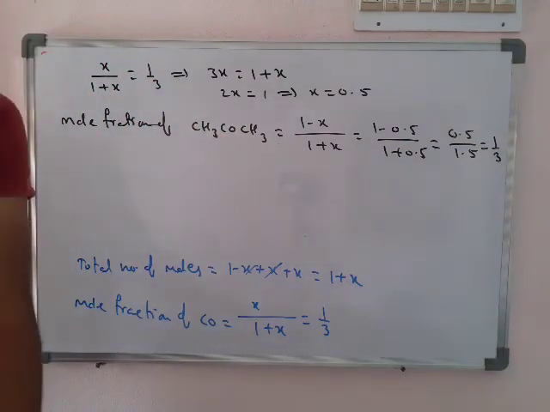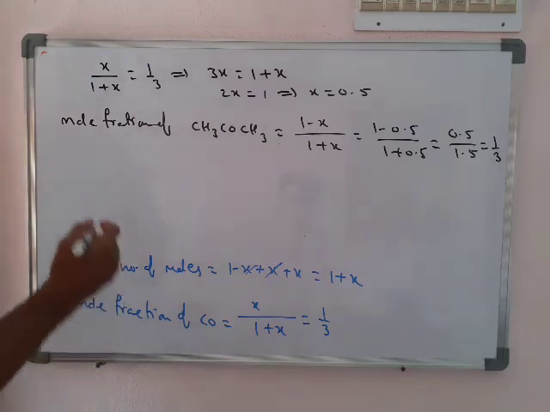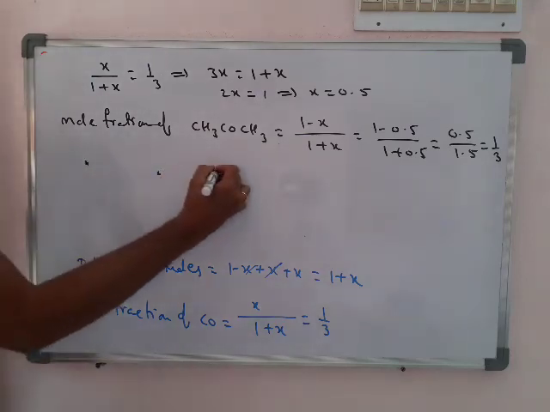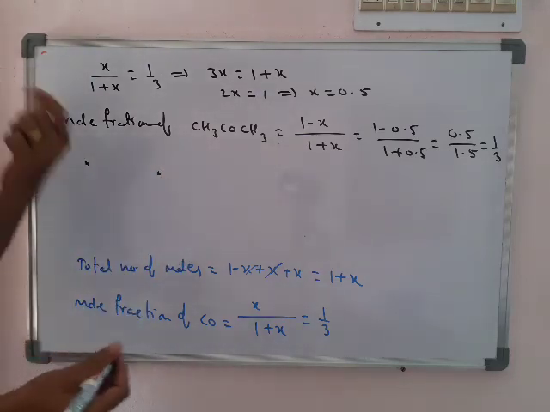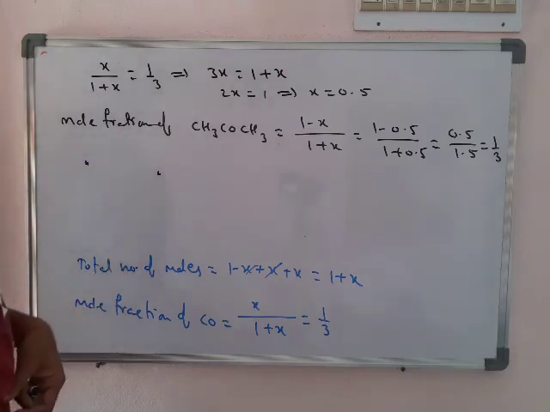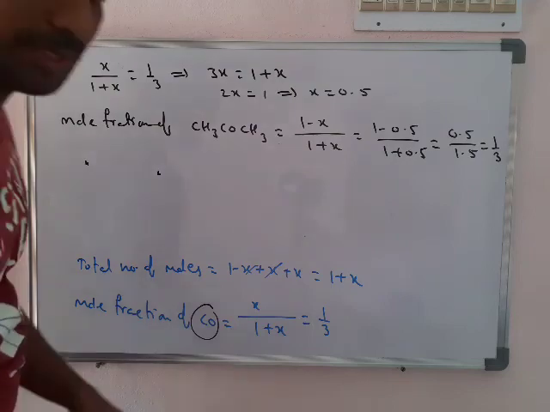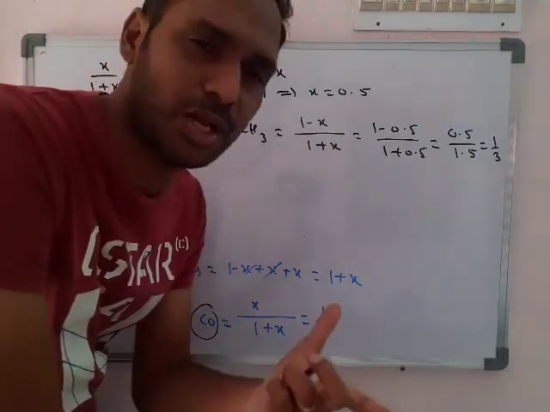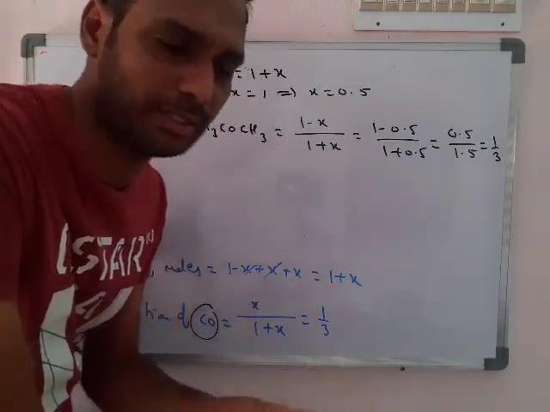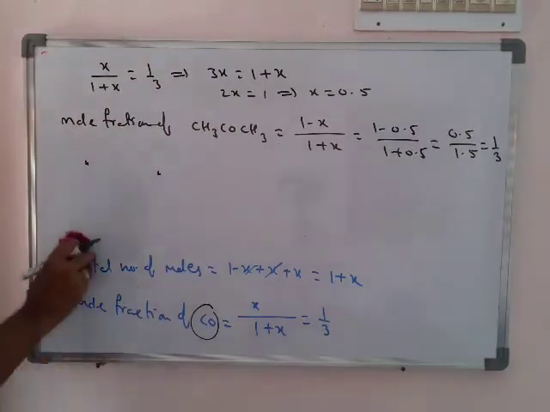So its mole fraction is again 1 by 3. For carbon monoxide we already got 1 by 3. So now we have the mole fractions of all three compounds, 1 by 3, 1 by 3, 1 by 3. Now substitute in the Kp.